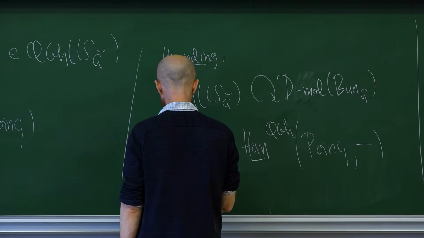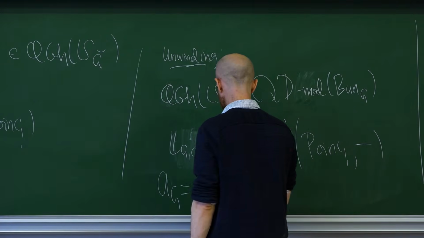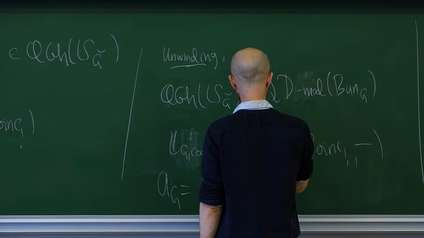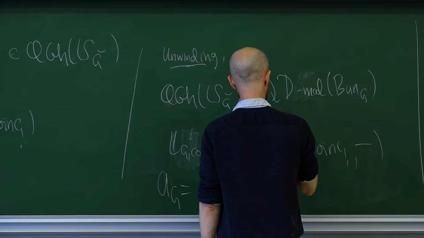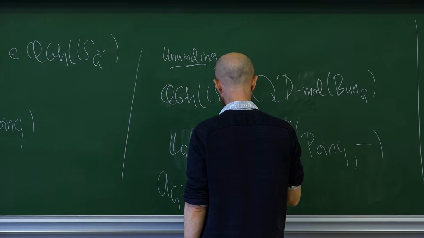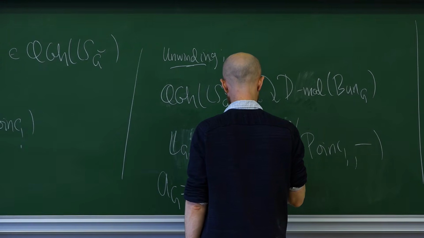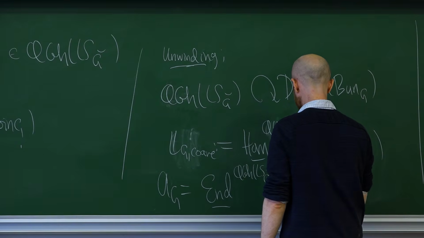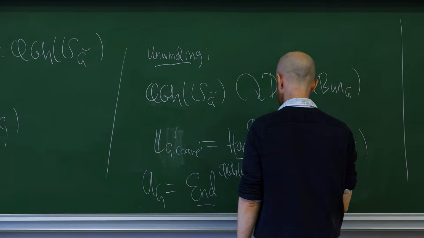And so what that tells you is that this AG is the kind of internal endomorphisms. I should maybe put quasi-coh on Loc_G check of this Poincare sheaf.